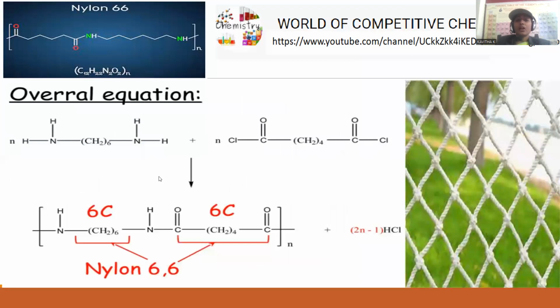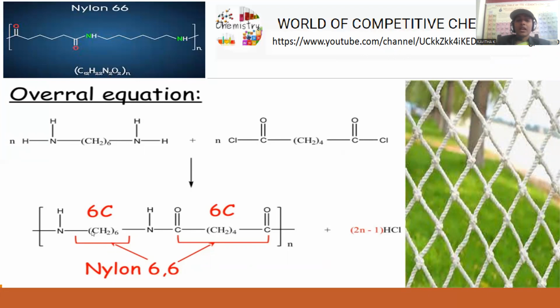Now let us see the overall chemical equation pertaining to this nylon 66 formation. Here, one is the hexamethylene diamine moiety, and the other is either a dicarboxylic acid or its derivative form. I'm taking the diacid chloride, where hydrochloric acid is removed as a byproduct, so that an amide linkage is generated in between.